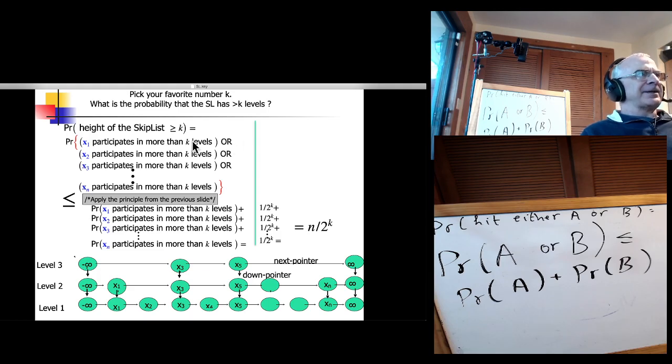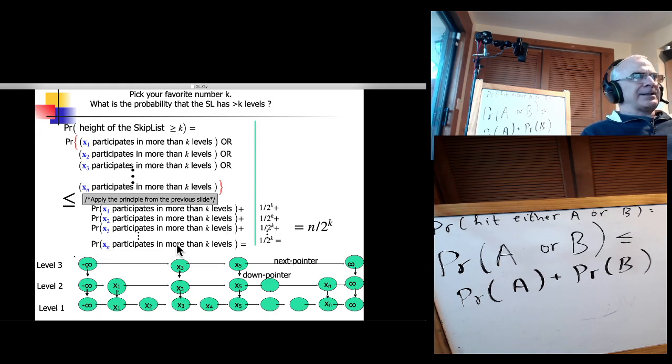has happened, the first event. x1 is the one that participates in so many levels. Let's compute what this probability is. Let's add to it the probability that x2 decided to participate in so many levels, plus, all the way, yada yada yada.